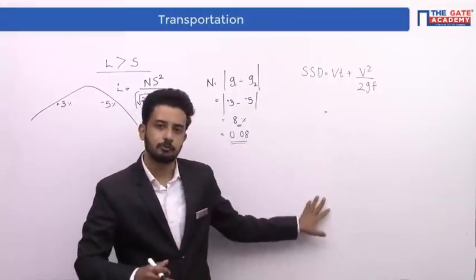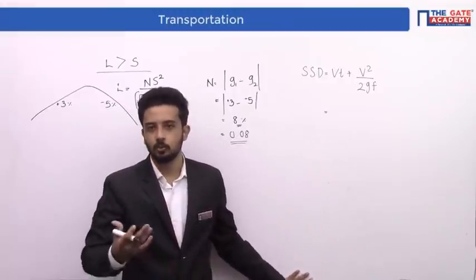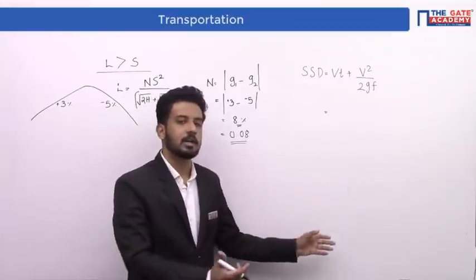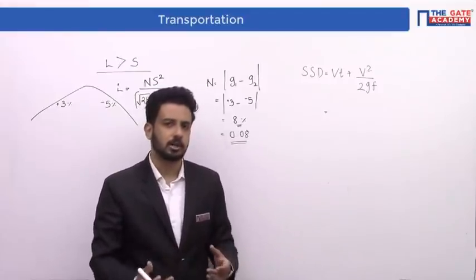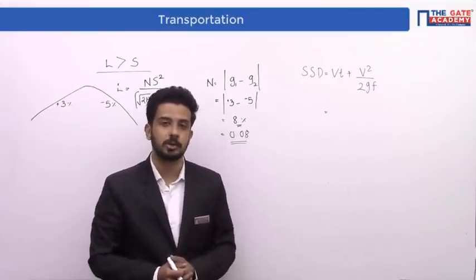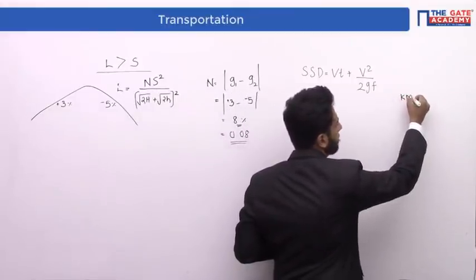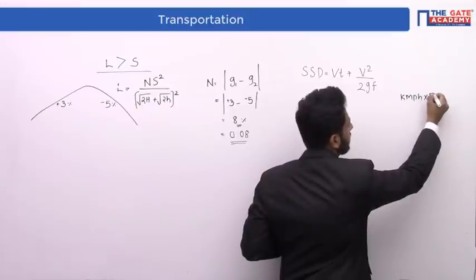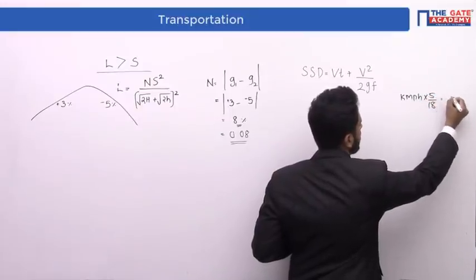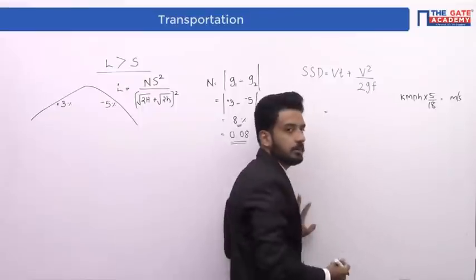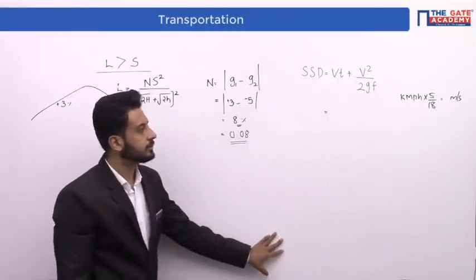So always we have to convert this value from kilometer per hour into meter per second. How to convert? We multiply kilometer per hour by 5 by 18 in order to obtain meter per second, correct?